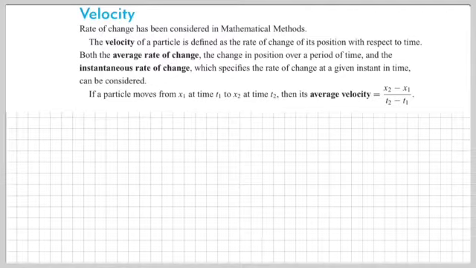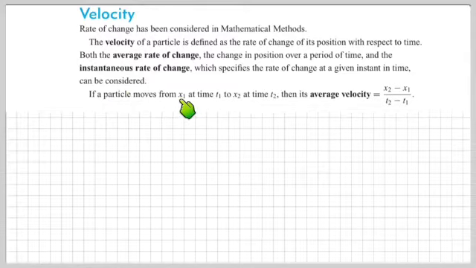Velocity is the rate of change of displacement. The velocity of a particle is defined as the rate of change of its position or displacement with respect to time. Both the average rate of change, the change in position over a period of time, and the instantaneous rate of change, which specifies the rate of change at a given instant in time, will be considered.